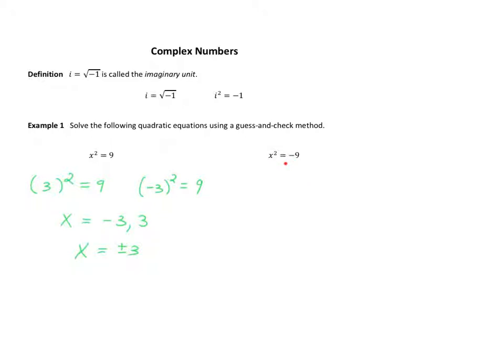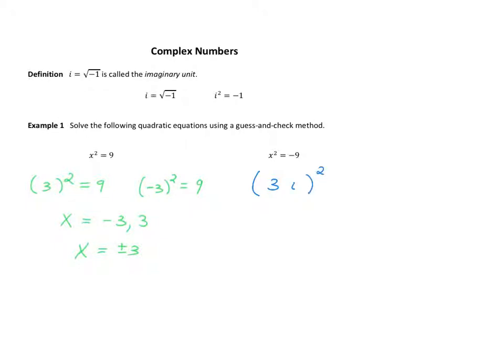But this is where complex numbers come into play. What I'm going to do is plug in something involving i for x and verify that this equation is true. So I'm guessing the answer. I know it has to have a 3 because that's how, if you square it, you'll get to 9.